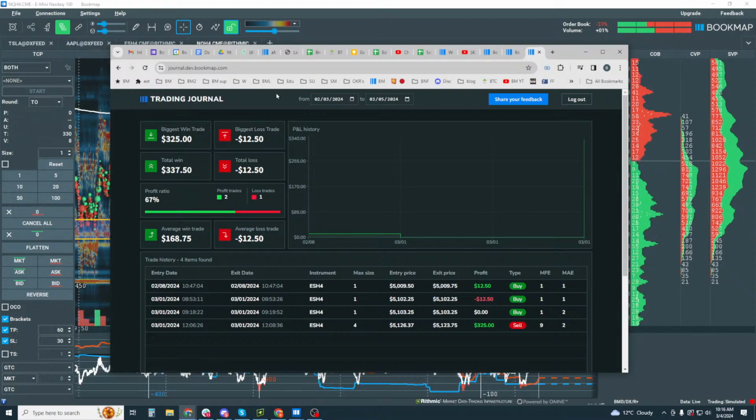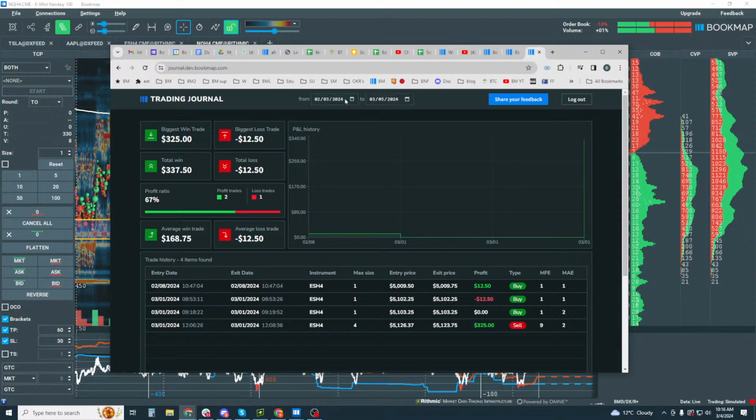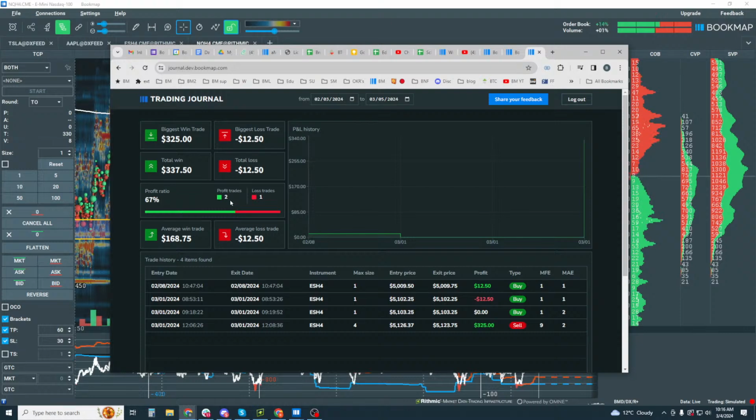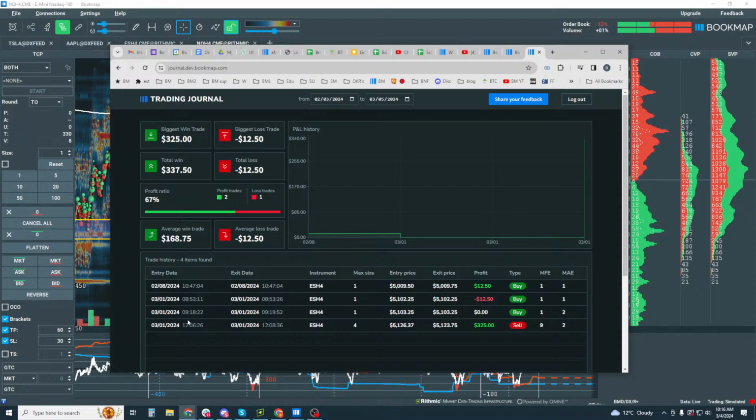All right, so you see your biggest winner, your biggest loser, your total P&L here, and you basically choose the dates up here that you want, and then the total losses, my profit ratio, the profitable trades versus losing trades, my average win versus my average loss, and then here's my trade history here.